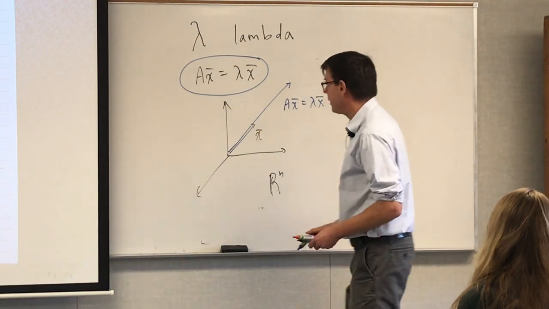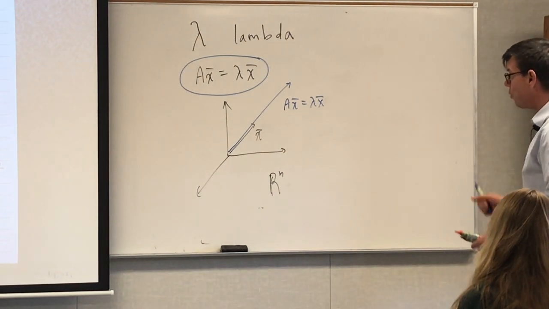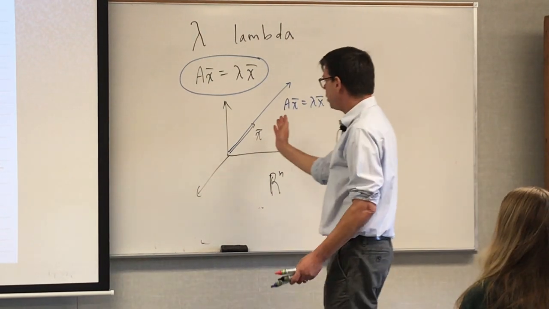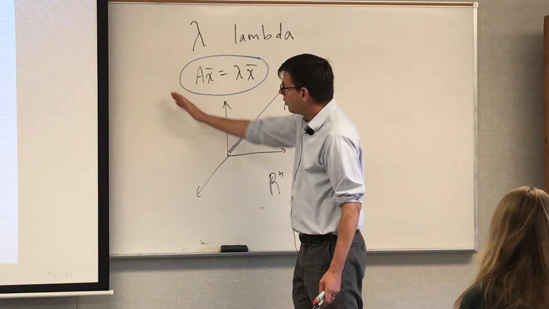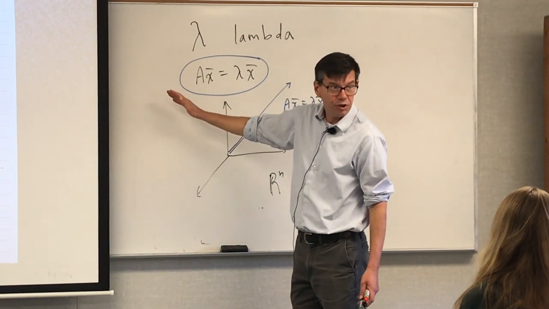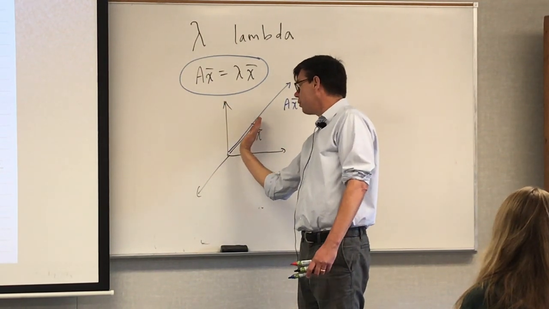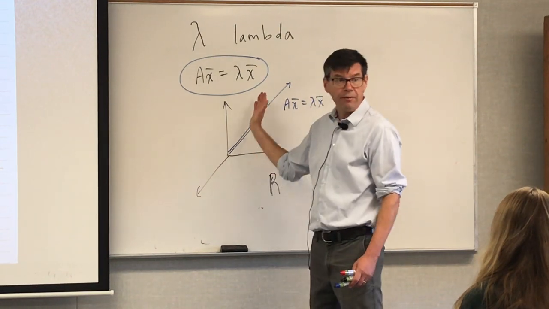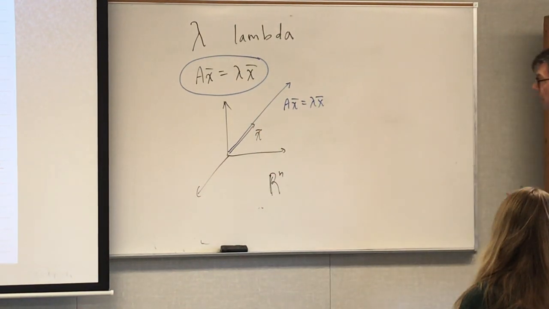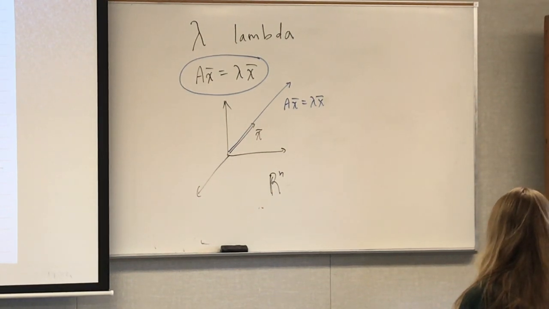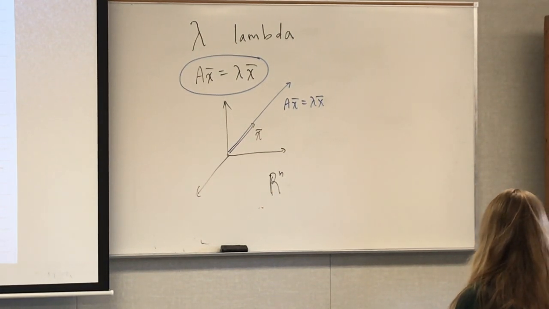It could be a negative scalar multiple. So normally, a linear transformation moves a vector around, changes its direction, changes its shape. But if it doesn't change the direction, if all it does is scale the vector, then that scaling factor is called an eigenvalue, and that vector is called an eigenvector.